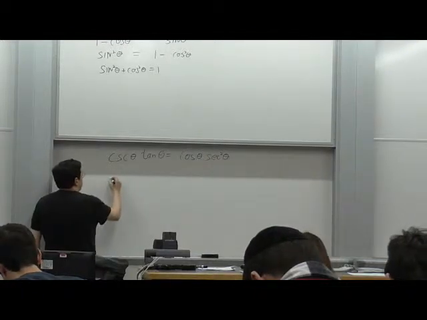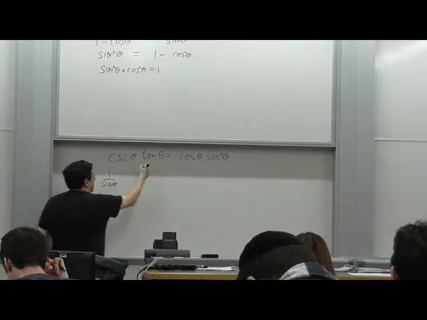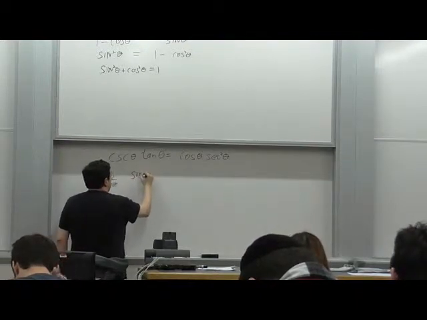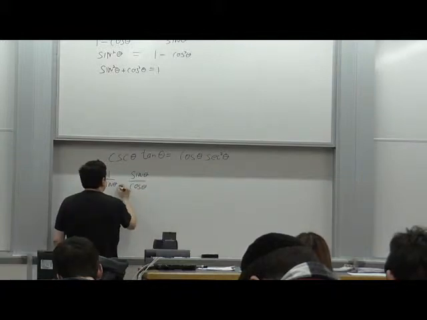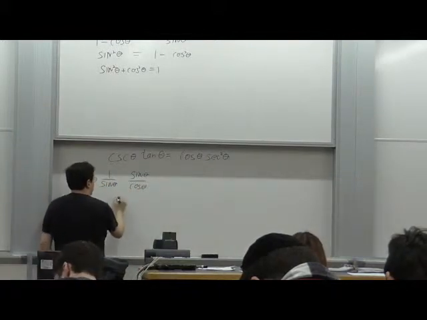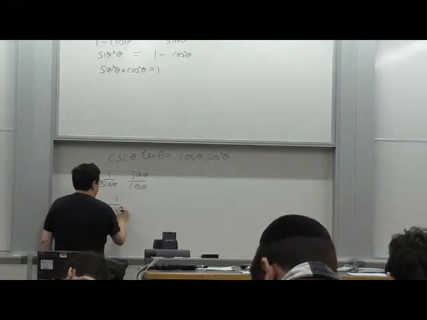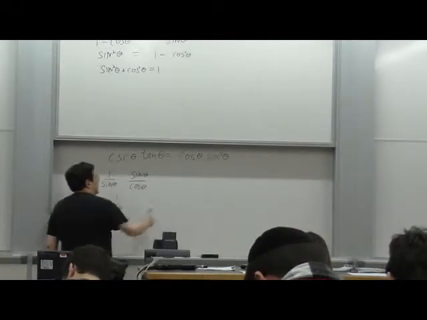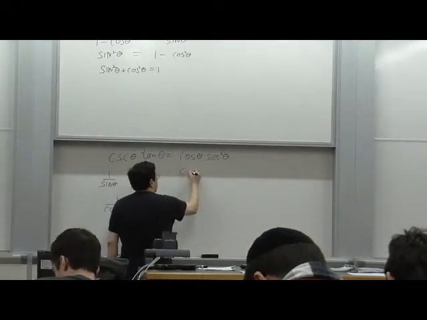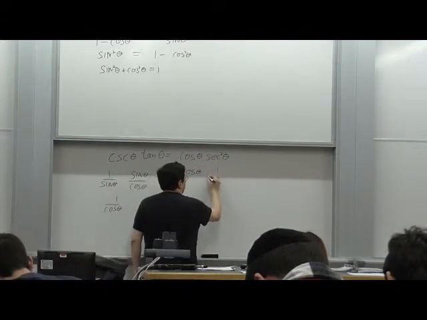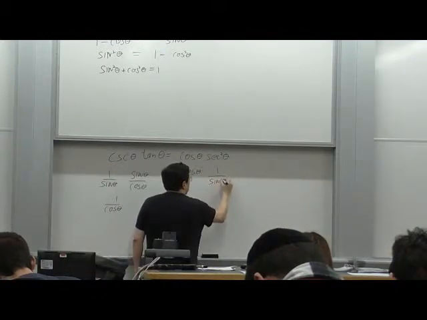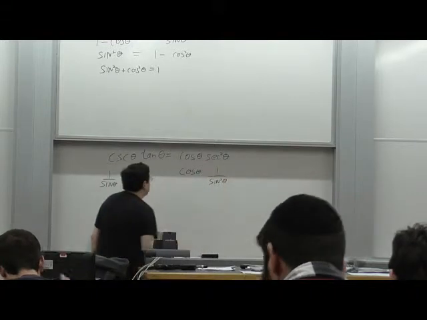So my cosecant becomes 1 over the sine of theta. My tangent becomes sine of theta over cosine of theta. And then my next step, I'm just going to have 1 over cosine of theta. On this side, I do the same thing, where I have cosine of theta times secant squared. That's 1 over sine squared theta.